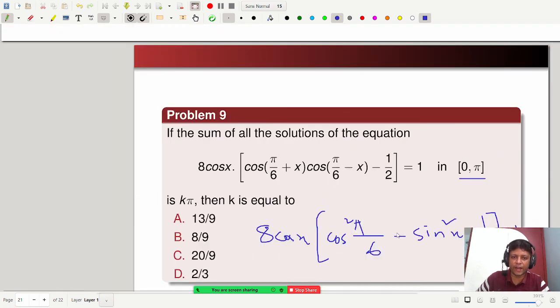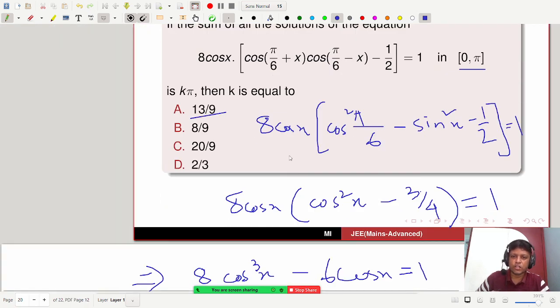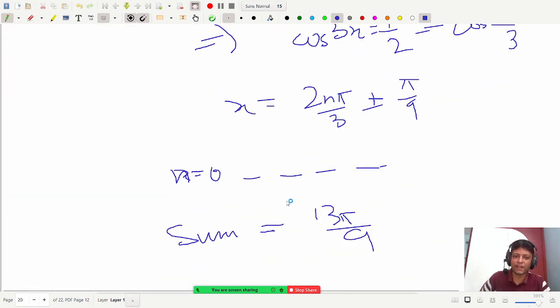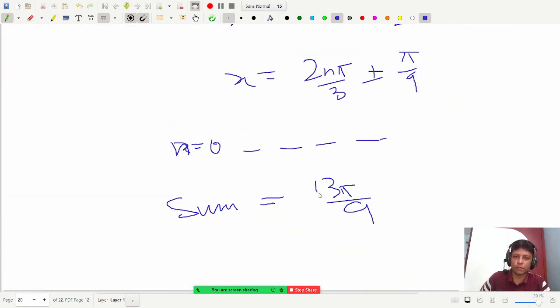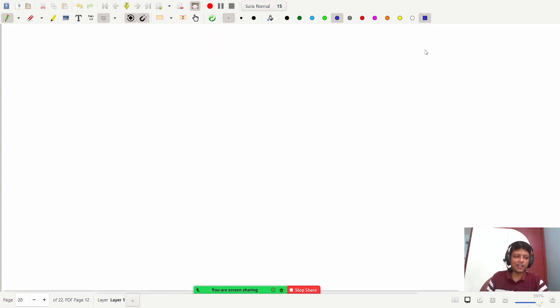I have calculated, so I will give you a hint. You can easily verify that k equal to 13 by 9, because you have n equal to 0, n equal to 1, substitute, and those values will satisfy in the range 0 to pi. You have to consider only those values. Okay. Lastly, let's come to the last problem.